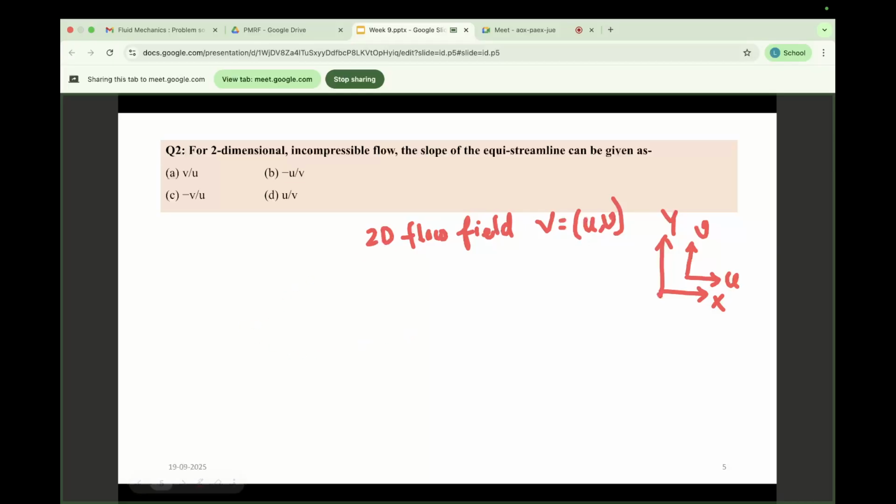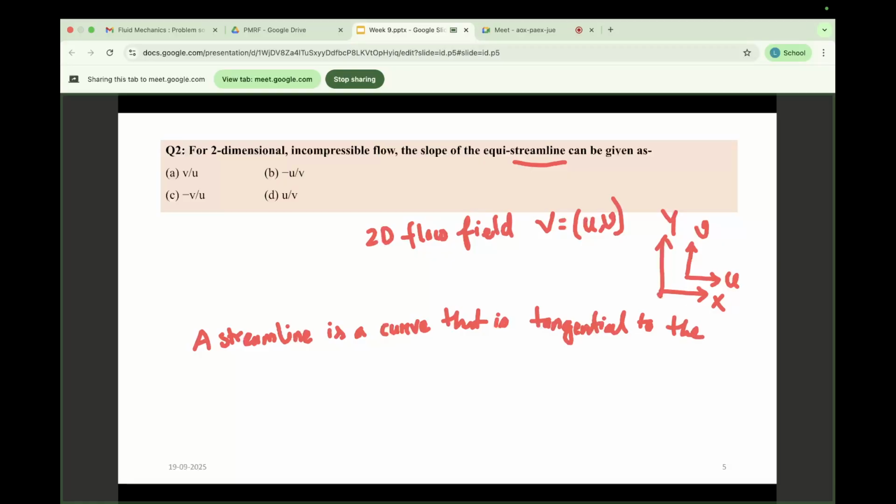Okay, now we have to know the definition of a streamline. Basically, a streamline is a curve that is tangential to the velocity vector, right?